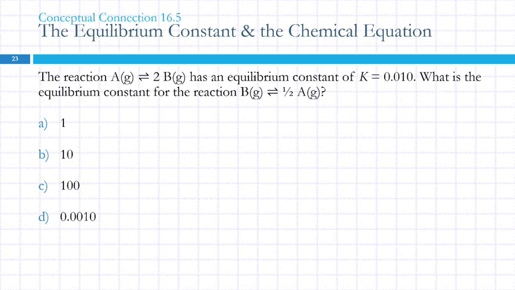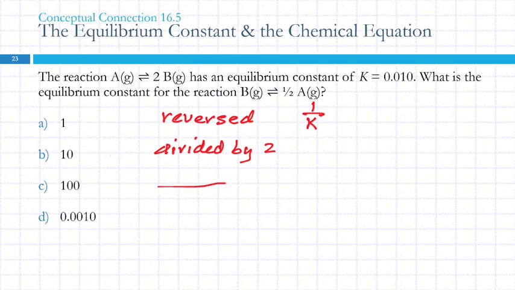So then what do we need to do? Invert. And what else is different? The coefficients are different, right? So this has been divided by 2, and this has been divided by 2. So coefficients divided by 2, and that means the exponents are divided by 2.